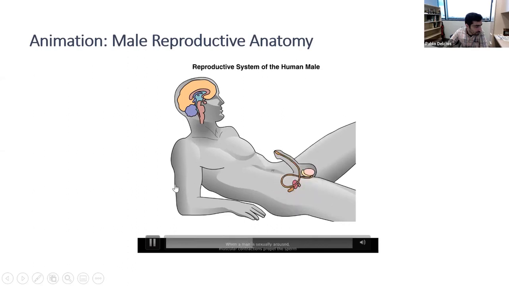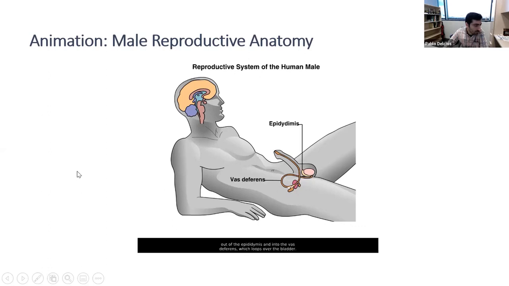When a man is sexually aroused, muscular contractions propel the sperm out of the epididymis and into the vas deferens, which loops over the bladder. The vas deferens joins a duct from the seminal vesicle to form the short ejaculatory duct, which with the ejaculatory duct from the other side joins the urethra. The urethra conveys the sperm out through the penis.